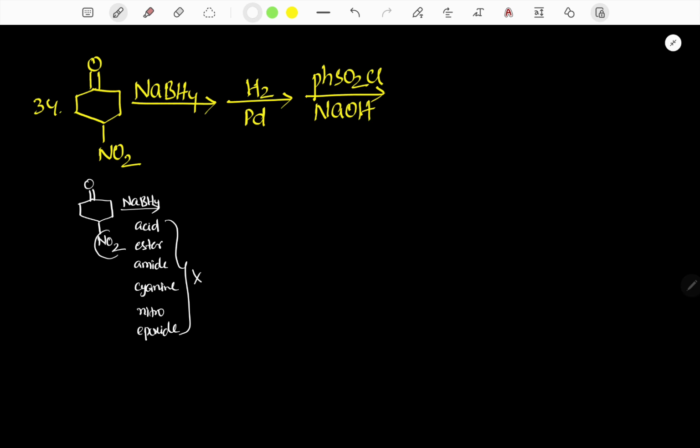So NO2 cannot be reduced, but the ketone can be reduced to the corresponding alcohol after acidification. So it is a nucleophilic addition.